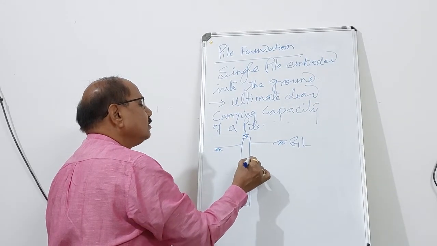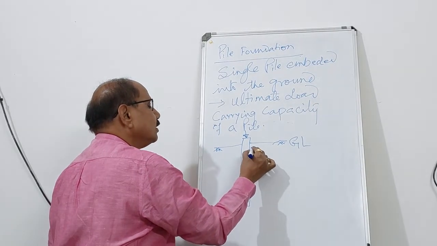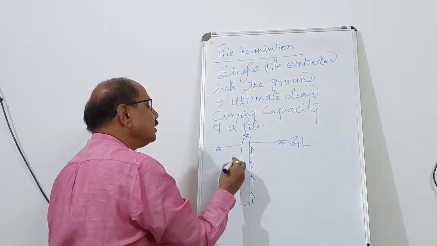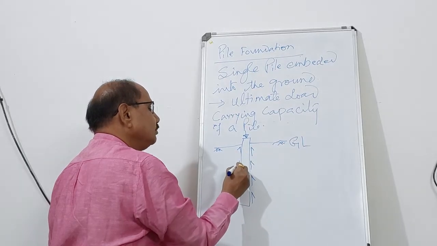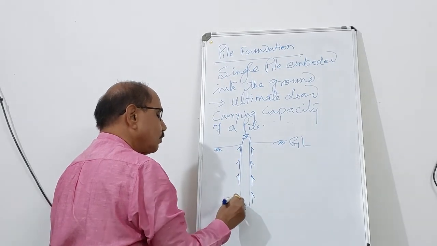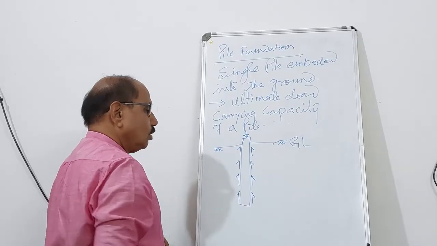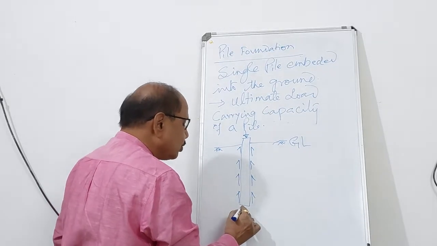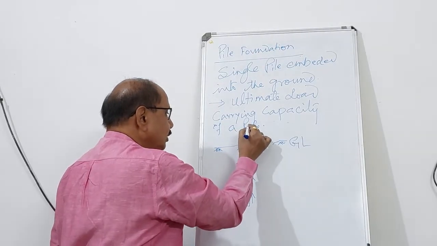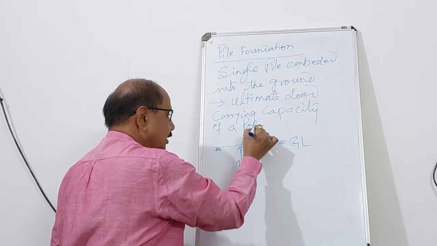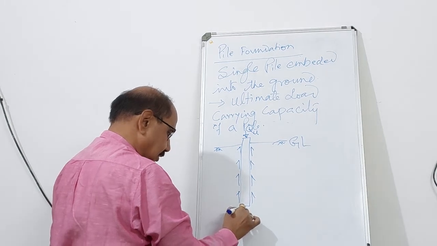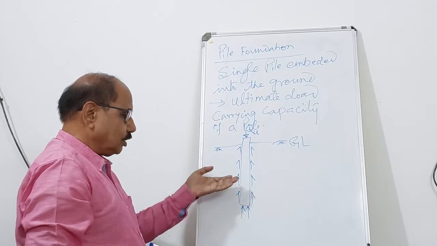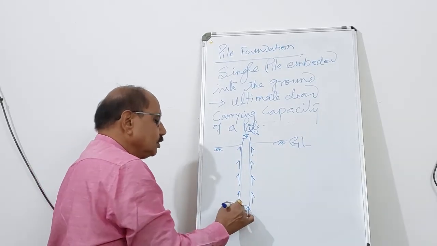So there will be frictional force known as skin friction, which will be acting over the pile shaft, and also when you apply the load, say the ultimate load has been applied, there will also be reaction at the pile tip.